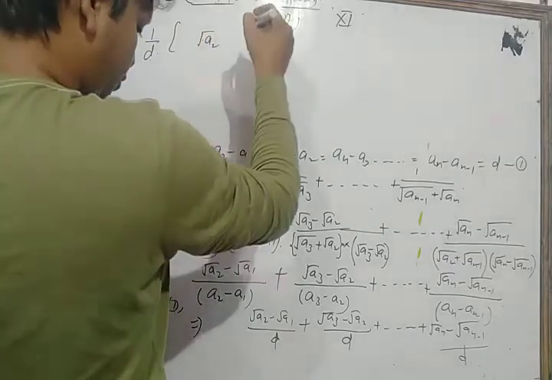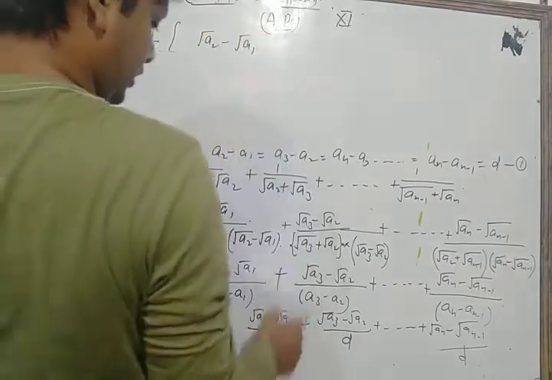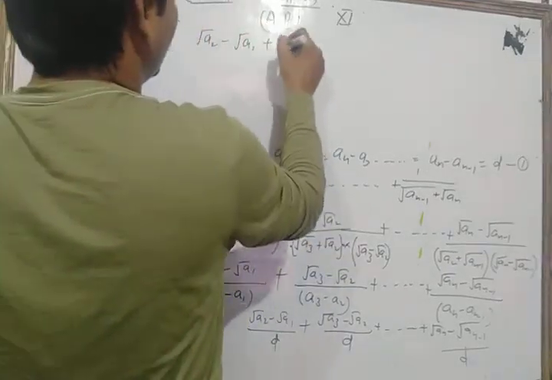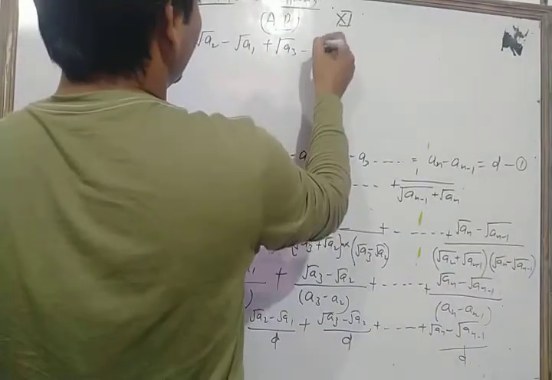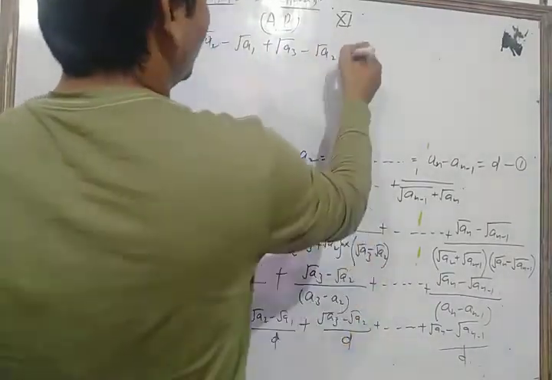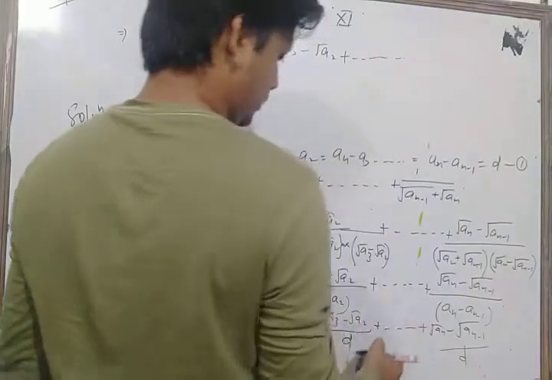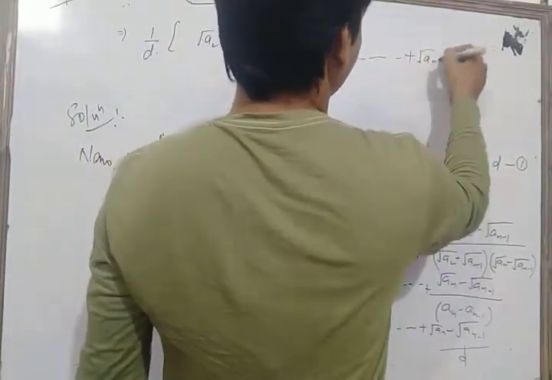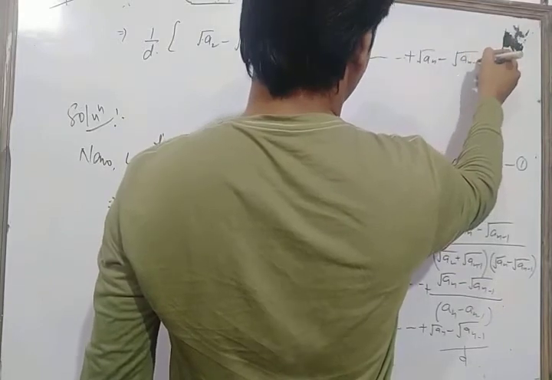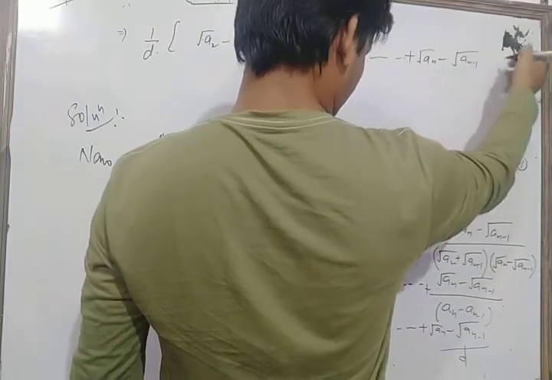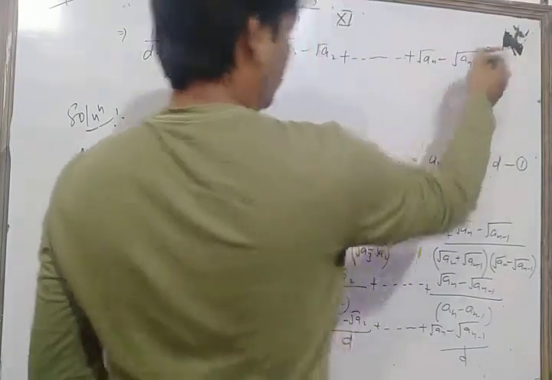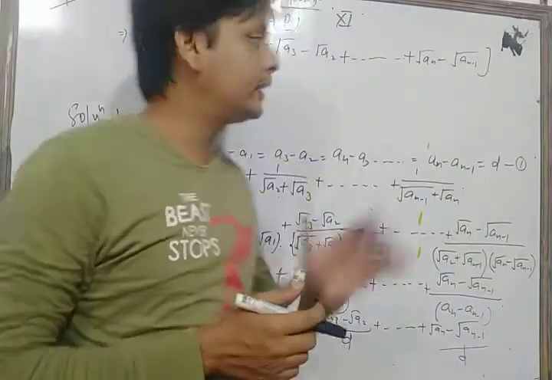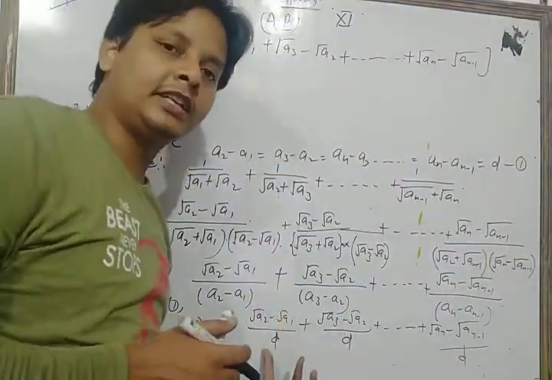Under root a2 minus under root a1 plus under root a3 minus under root a2 plus and so on, plus under root an minus under root an minus 1. Okay, so dear students, this part is left when 1 upon d is taken as common.